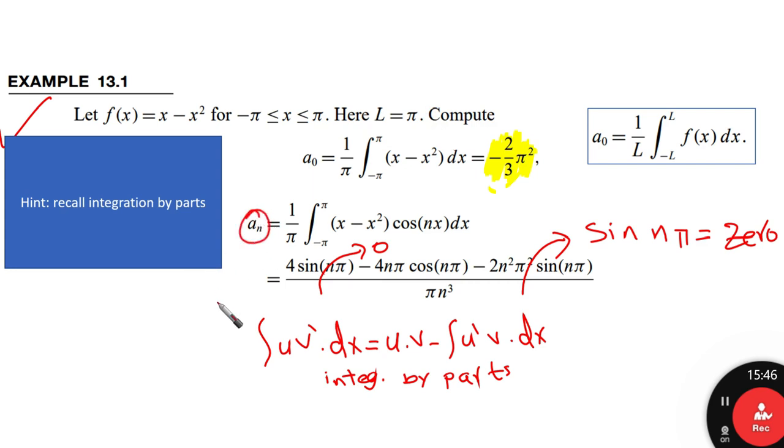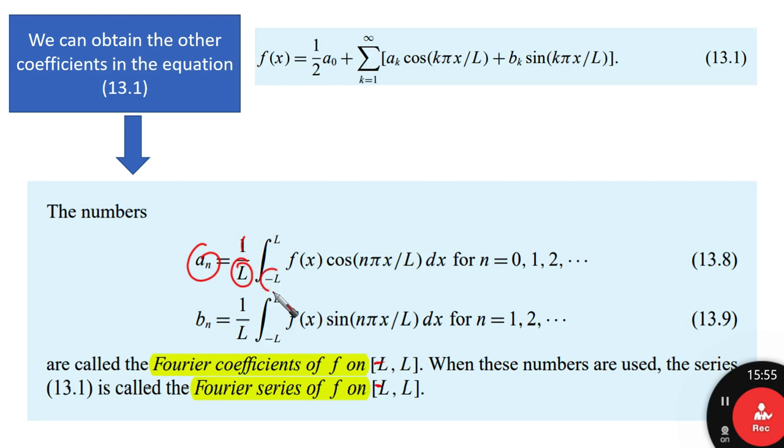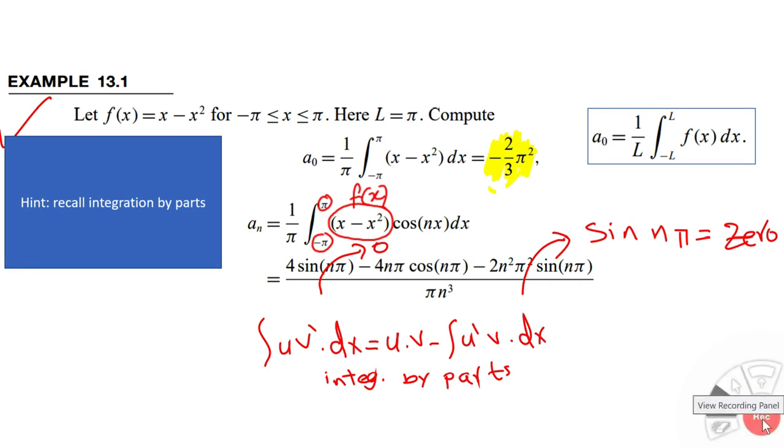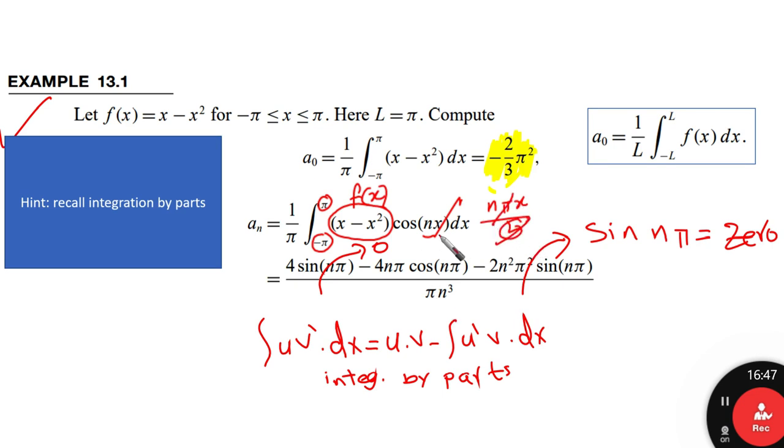As we have mentioned, an equals 1 over L, the integration from minus L to L of f of x cosine n pi x over L. So this means 1 over pi, from minus pi to pi, of x minus x squared, which is the function f of x that we have, times cosine n pi x over L. This is actually n pi x over L, but L equals pi, so it cancels out with pi, and the remaining is nx.